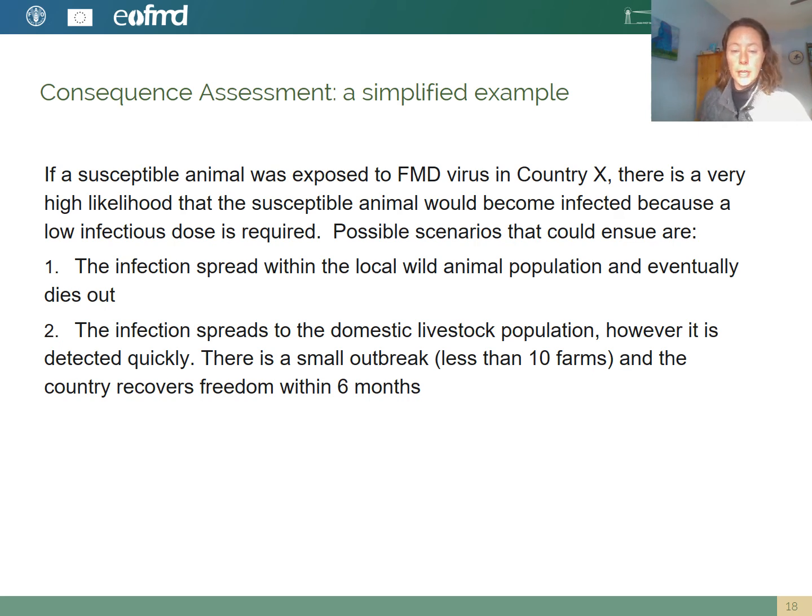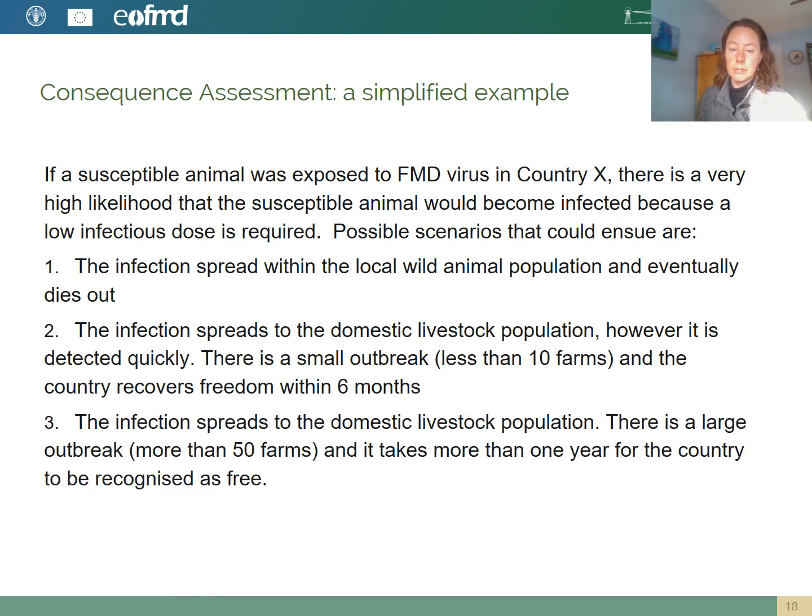Secondly, there could be spread to the domestic livestock population. However, the incursion is detected quickly, resulting in a small outbreak, and the country can recover freedom within 6 months. Finally, there might be spread to the domestic livestock population, in which there's a large outbreak, and it takes more than a year for the country to be recognized as free.